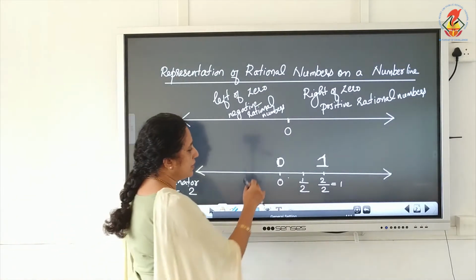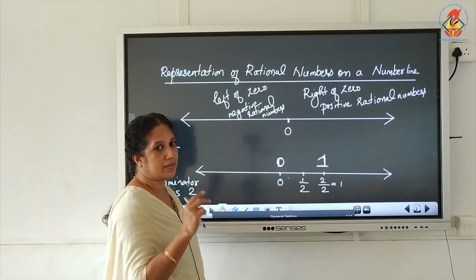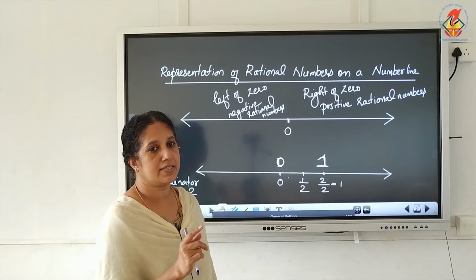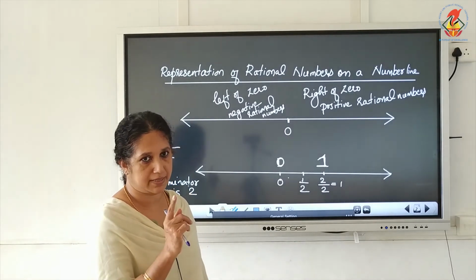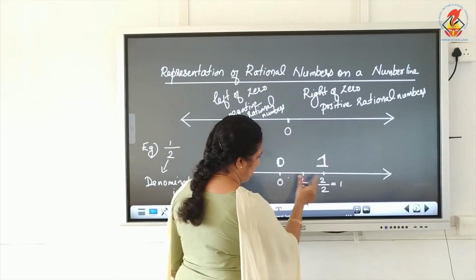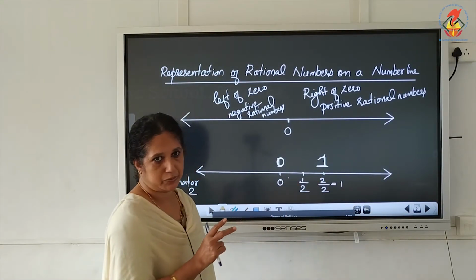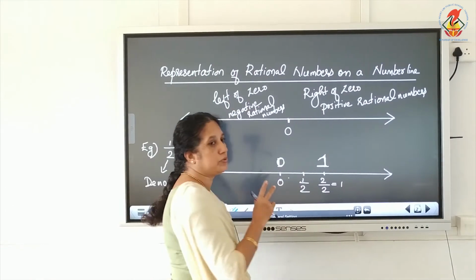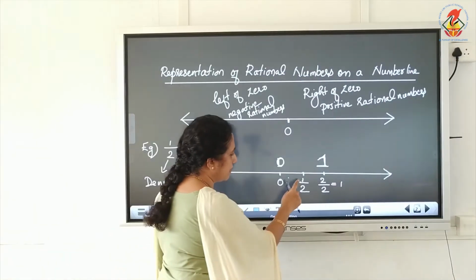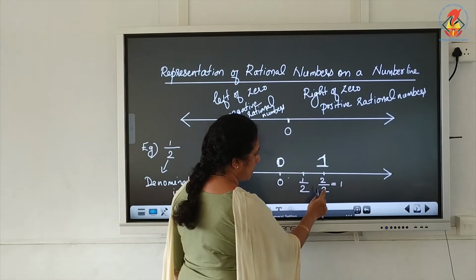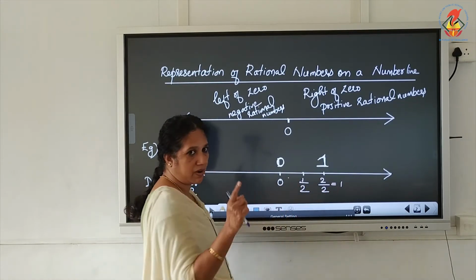Therefore, to the right of 0 you have to mark 2 points at equal distances. And this equal distance you have to take as 1 centimeter. The first part will represent 1 by 2 and the second one is 2 by 2. 2 by 2 means it is 1.